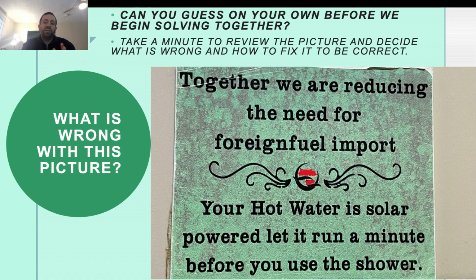But first, I want you to think about how you would fix it. There are a number of errors here. There are multiple sentences to fix. So think about it, jot down some notes. Try to rewrite these sentences on your own before we continue on in this video. Feel free to pause if you need to, but I'm going to move on and we'll review it together.